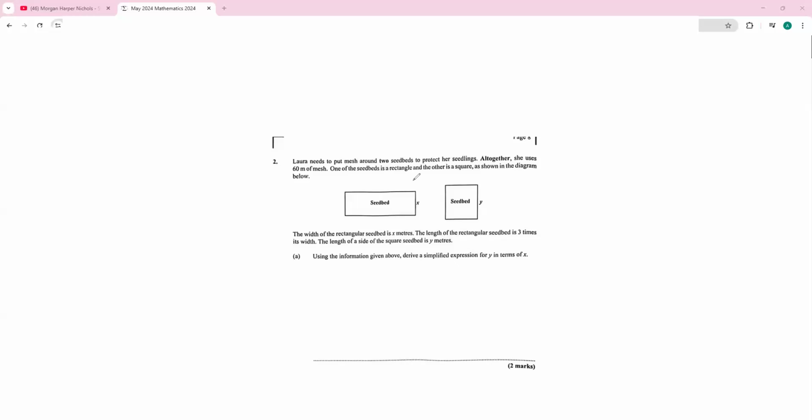The width of the rectangle is x meters and the length of the rectangle is 3 times its width, right? So basically, if the width was x and it said that the length is 3 times that, then it will be 3 times x.